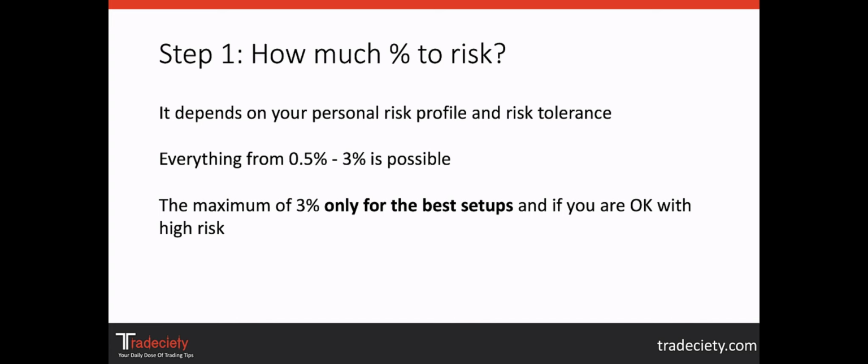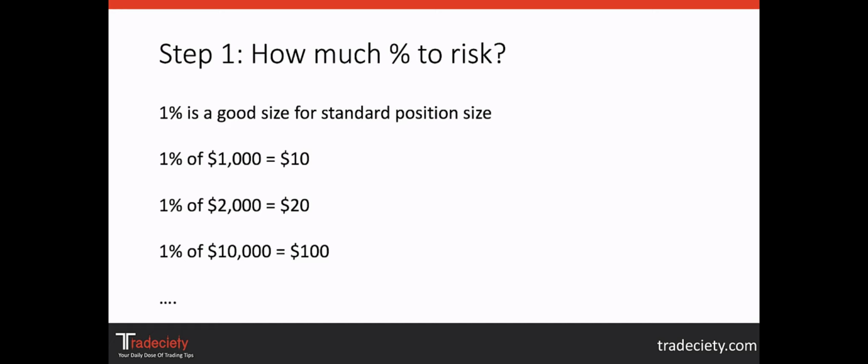So generally we stick to 1% per trade, and that is a very good starting size for risk, and it's also pretty conservative because you need at least 100 consecutive losses before you will blow up your account. So 1% risk is quite a good amount to start with.